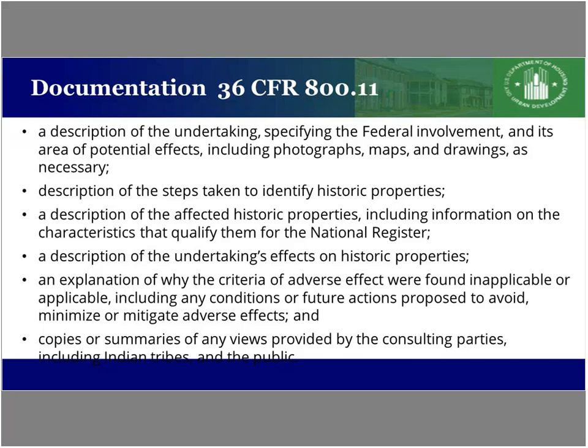A description of the undertaking's effects on historic properties. How will the project impact those historic properties? And the documentation includes an explanation of why the criteria of adverse effect either were applicable or inapplicable. Is this an adverse effect or is it not, and why? And then the record includes copies or summaries of any views provided by the consulting parties, including Indian tribes and the public.